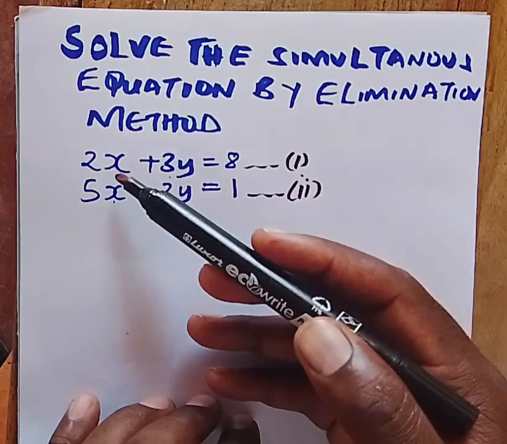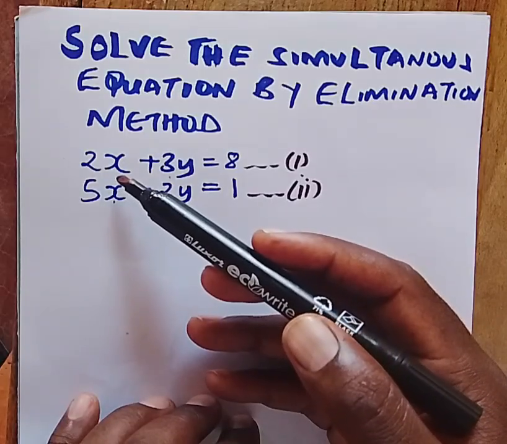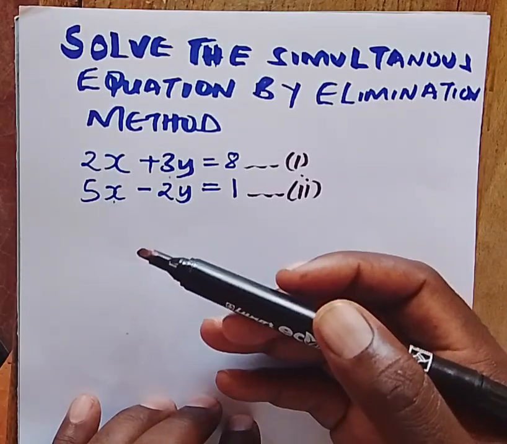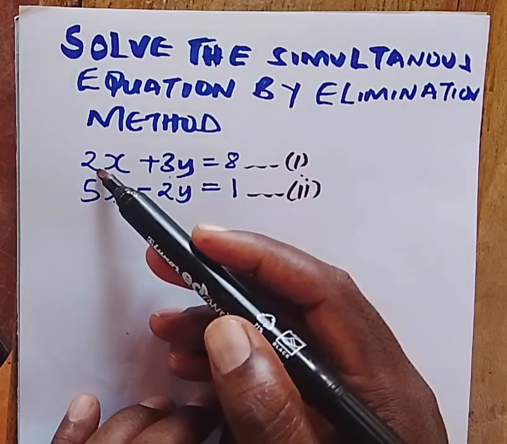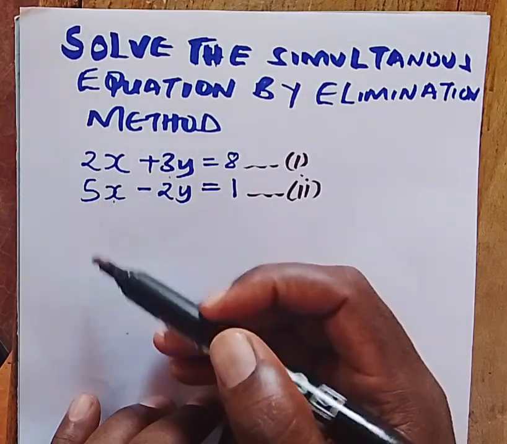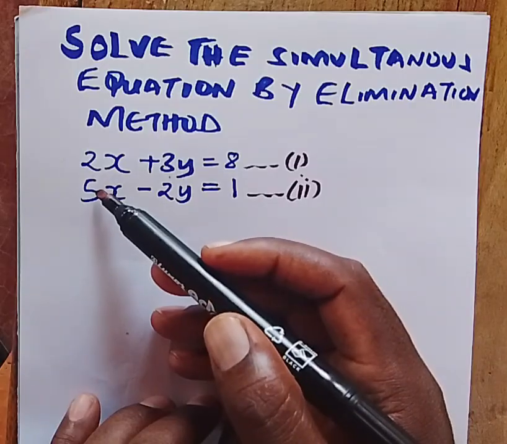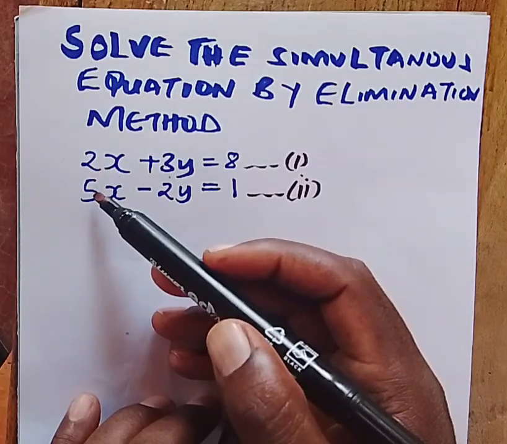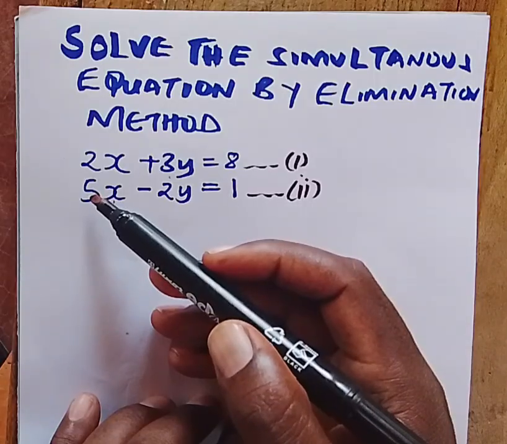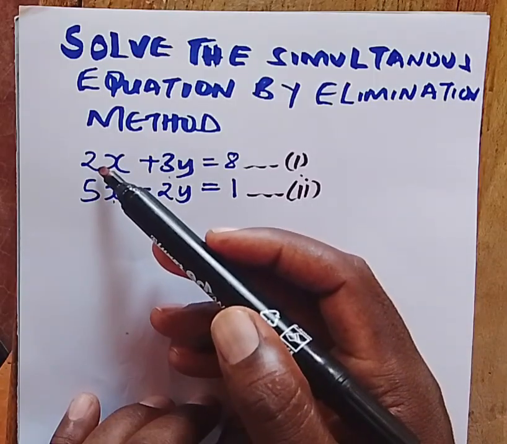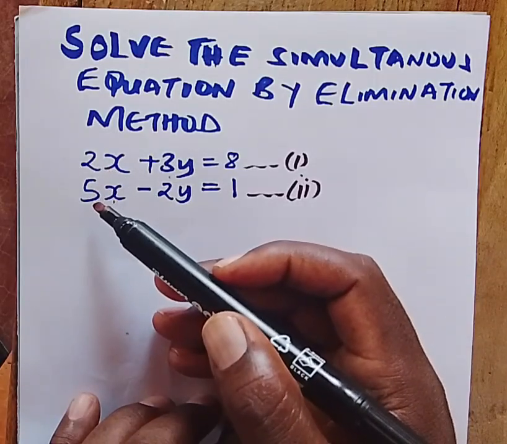So here I will choose to eliminate x. The coefficient here is 2, and here it is 5. So I have 2 and 5. How can I make 2 and 5 equal? It is by finding the LCM of 2 and 5.